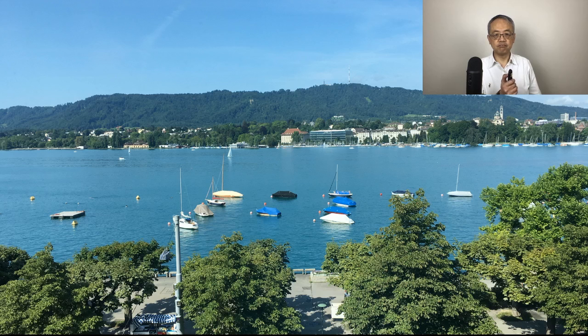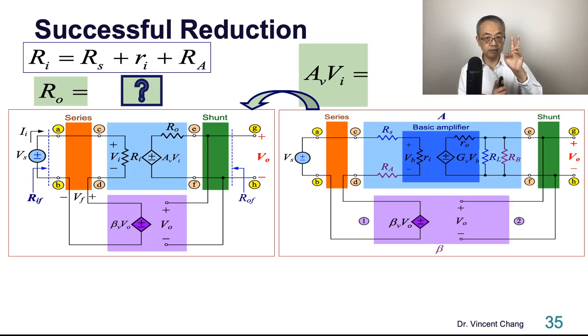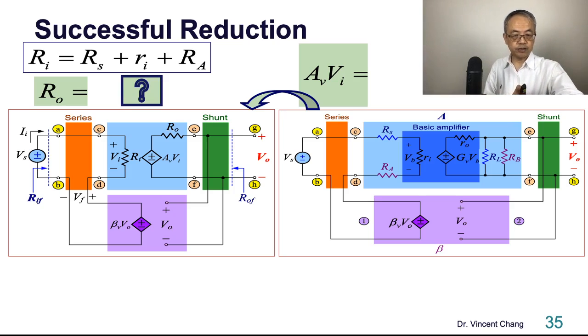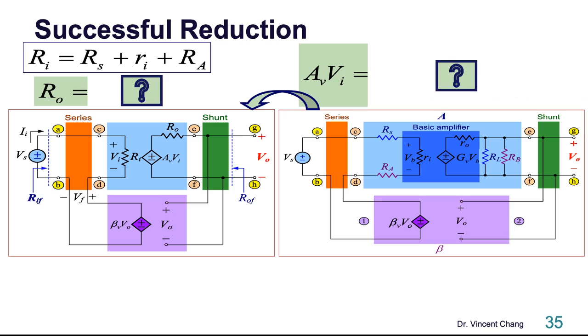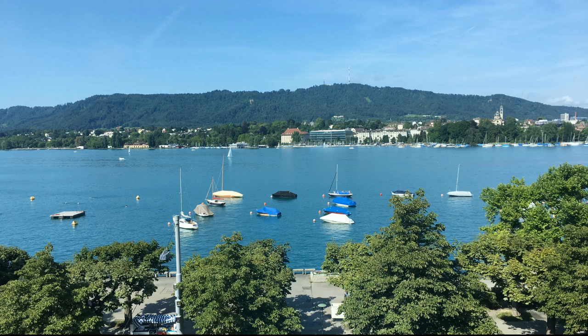Two questions, all right? Try to find out the capital Ri, the input resistance, and the closed loop voltage gain.